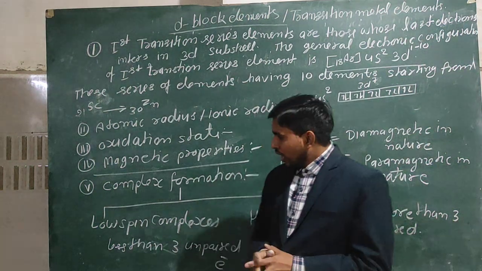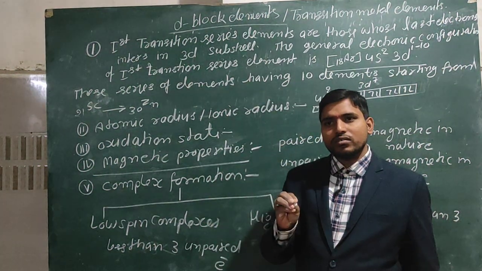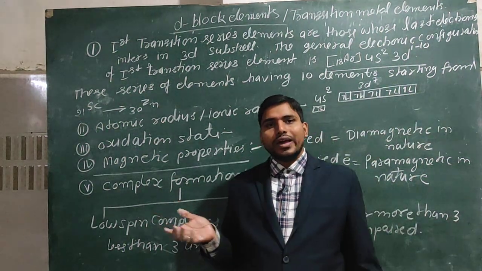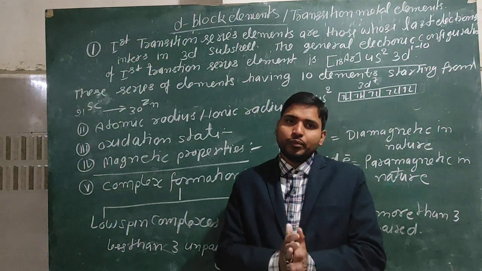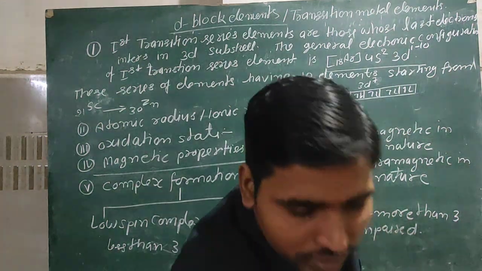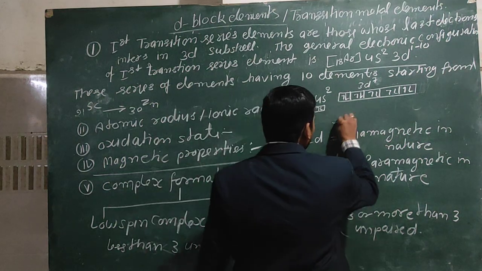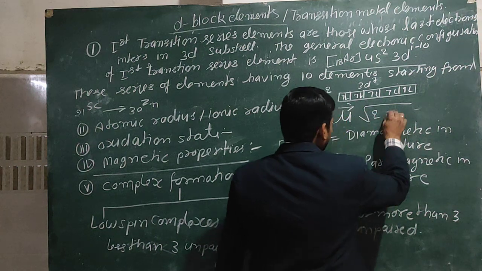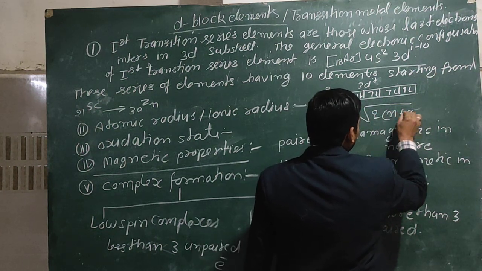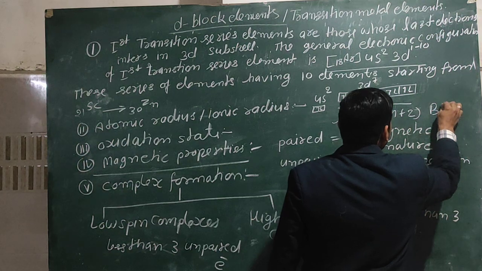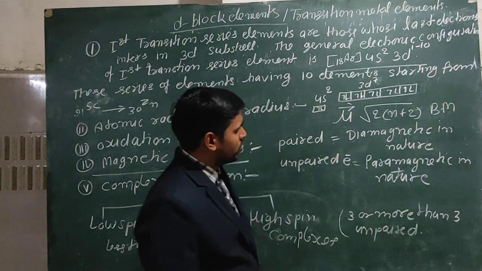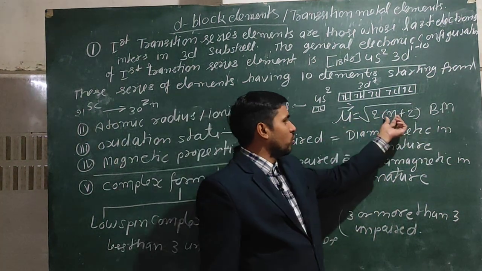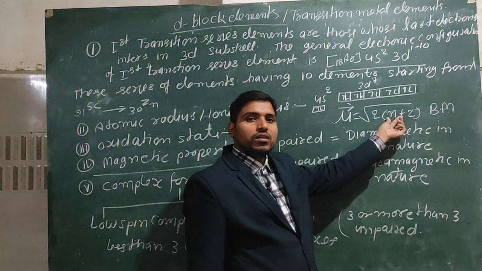And after this discussion, one thing is also very necessary for you, that you know the value of magnetic moment. The magnetic moment is explained on the basis of this formula: mu equals the square root of n(n+2) BM, where BM means Bohr magneton and n is the number of unpaired electrons.